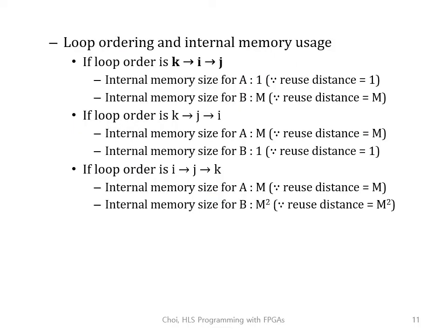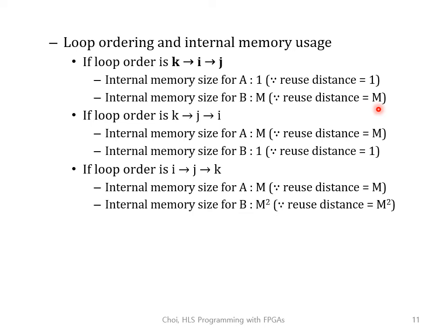Let's think about the relationship between the loop ordering and the internal memory usage. Again, we assume that the loop ordering is K, I, J. For A, we only need a single register because it is going to be reused in the next iteration. But for B, we need a memory of size M because B's reuse distance is M. The reuse distance of M means that we need to hold the data for M iterations.